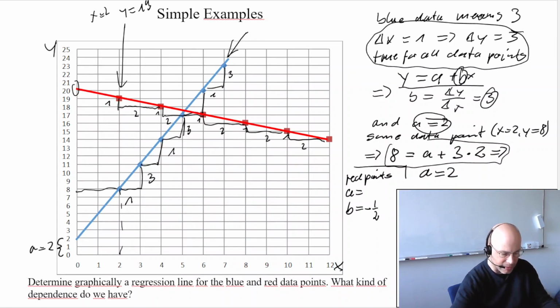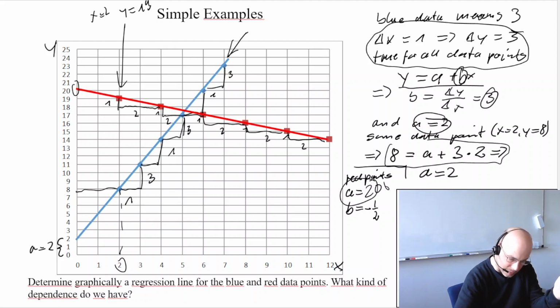So we have 19 equals a plus minus 1/2 times 2 is minus 1, and 19 plus 1 equals 20.